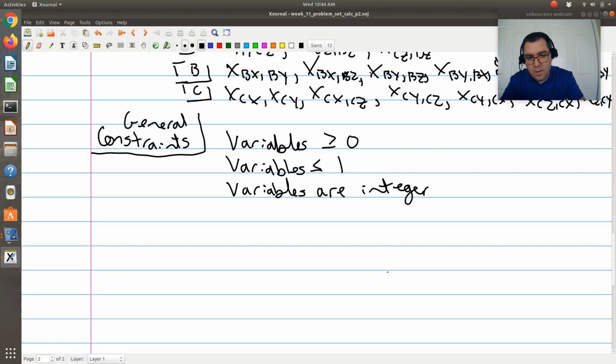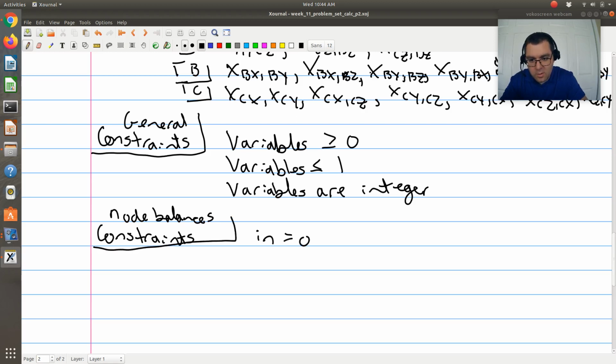Next, okay, we'll just keep working on constraints. I'm going to add our constraints. Okay, and here I'm going to work on our node balances. By our node balances, essentially that's going to be, in is equal to out.